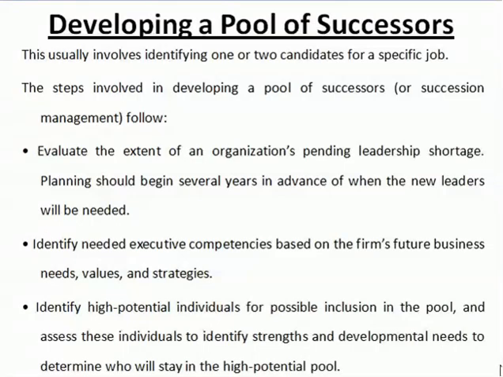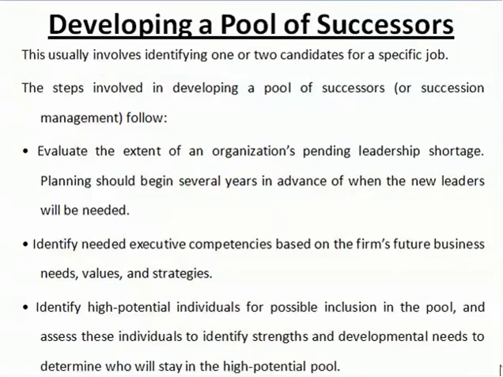Next we have developing a pool of successors, which usually involves identifying one or two candidates for a specific type of job. The steps involved in developing a pool of successors, or succession management, go like this. First, they evaluate the extent to which an organization faces pending leadership shortages in the department.